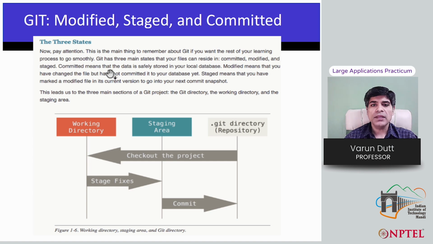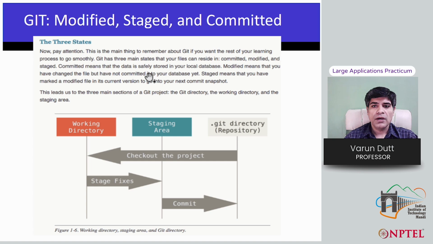Committed means that the data is safely stored in your local database, which is on your local machine. Modified means that you have changed the file on your local system, but you have not yet committed it to your database, that is the Git repository, the Git database.